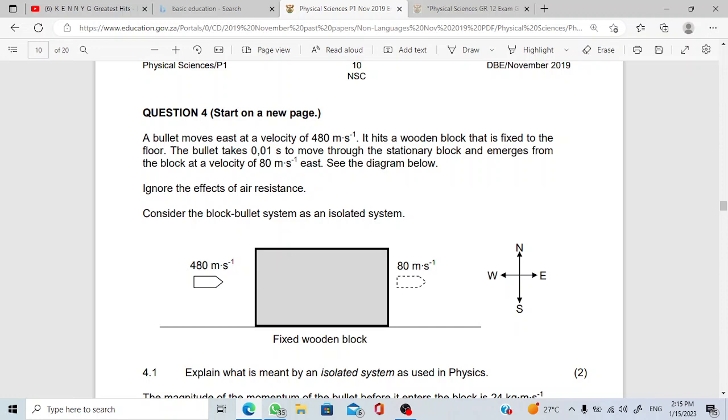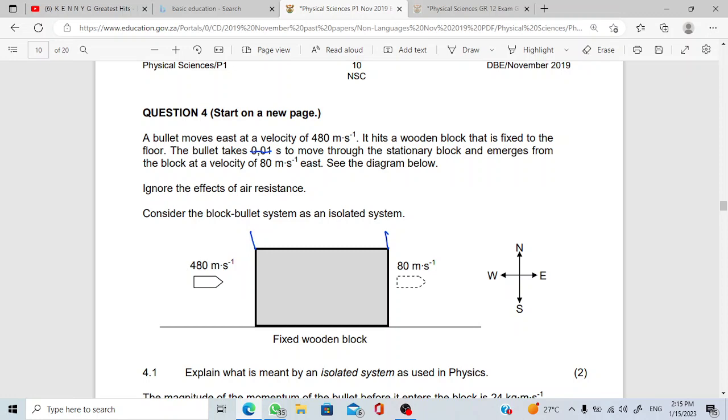So for the bullet to move from this point to this point, it takes this time, and emerges from the block at the velocity of 80 meters per second. So the entire 400 meters per second has been lost throughout east.